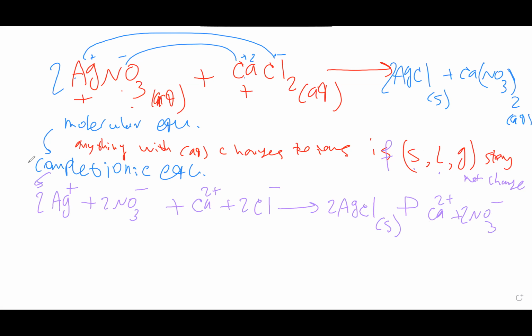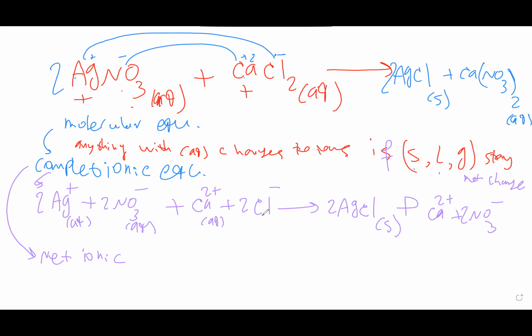From the complete ionic equation, I can change that to the net ionic equation. And what is the net ionic equation? In order to write the net ionic equation, I have to cancel everything that is identical, and these are known as spectator ions.